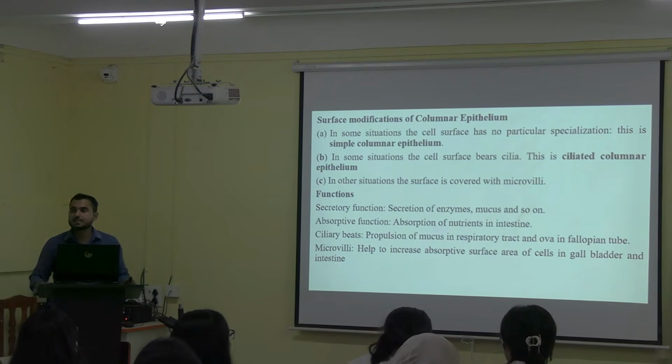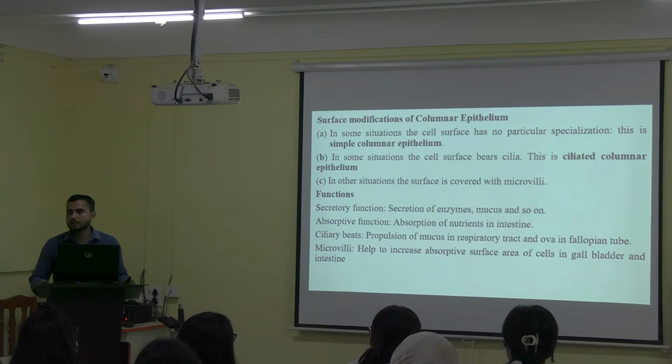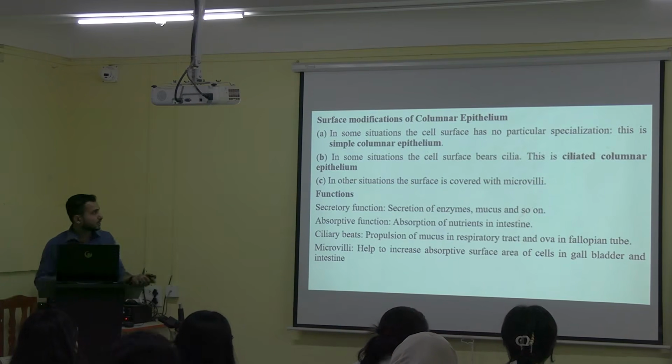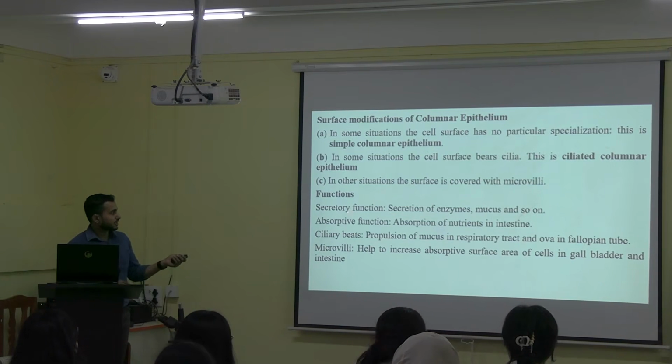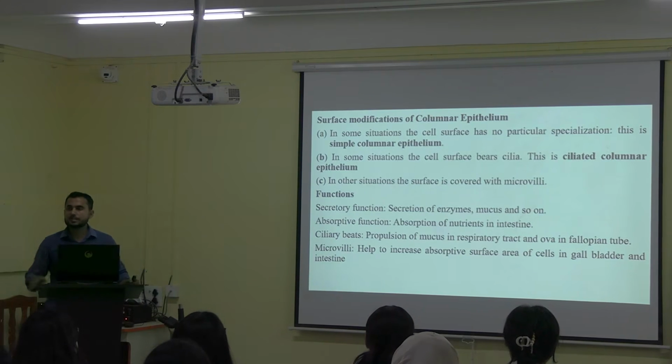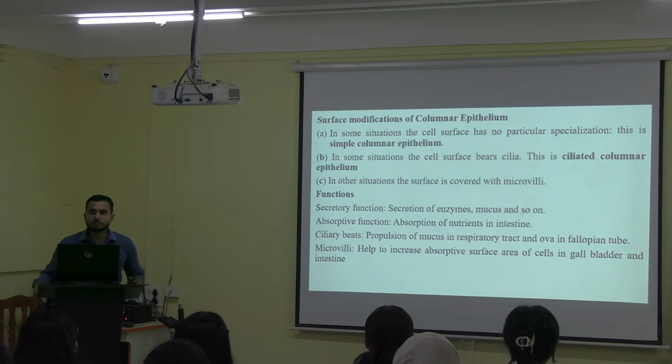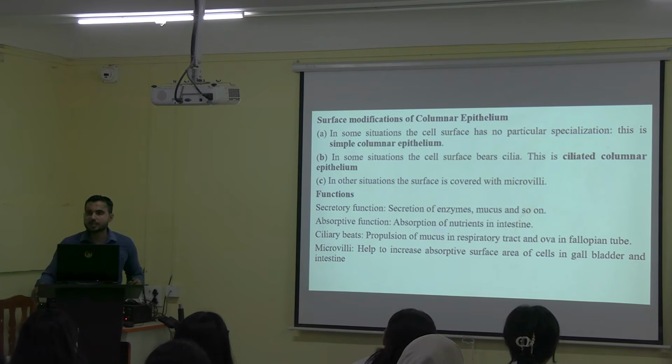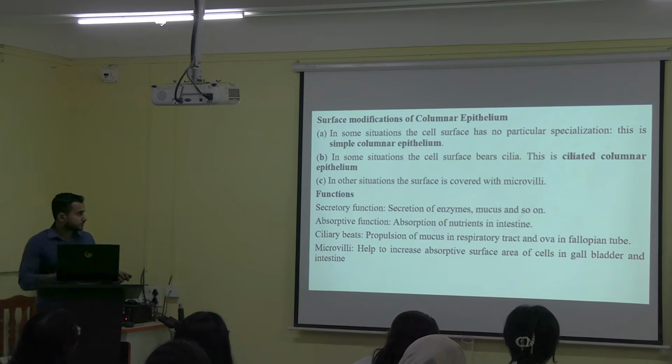These are some surface modifications of the simple columnar epithelium. Now, what are the functions? As you can see, secretory and absorptive functions. Cilia are present especially in the fallopian tube, where they help in the movement of the ovum. That's why these surface modifications are required.